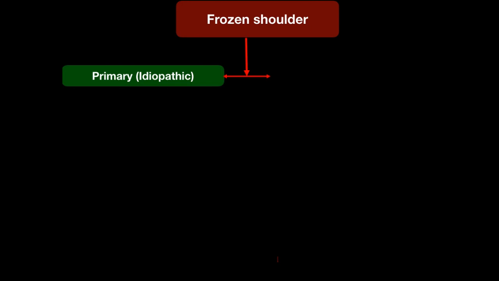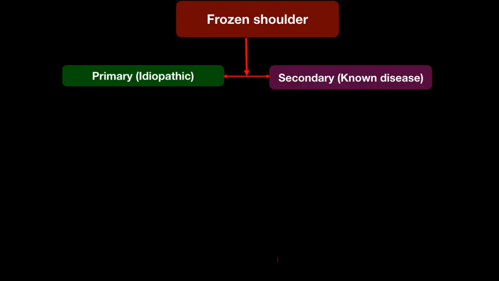Let us talk about the frozen shoulder a bit, which is the most commonly diagnosed case in our OPD. So frozen shoulder is divided into two types. These are primary, which is also known as idiopathic, and secondary. Secondary frozen shoulder is frozen shoulder that has developed out of some known disease.